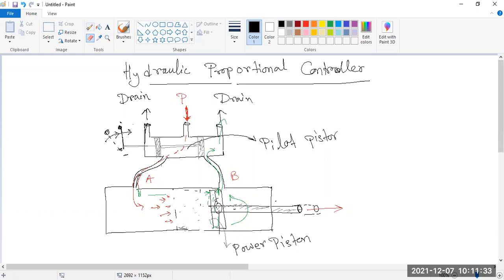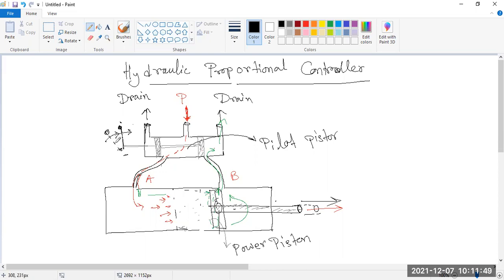This is how much you move this treadle or this lever, that much it will move. So this is proportional.